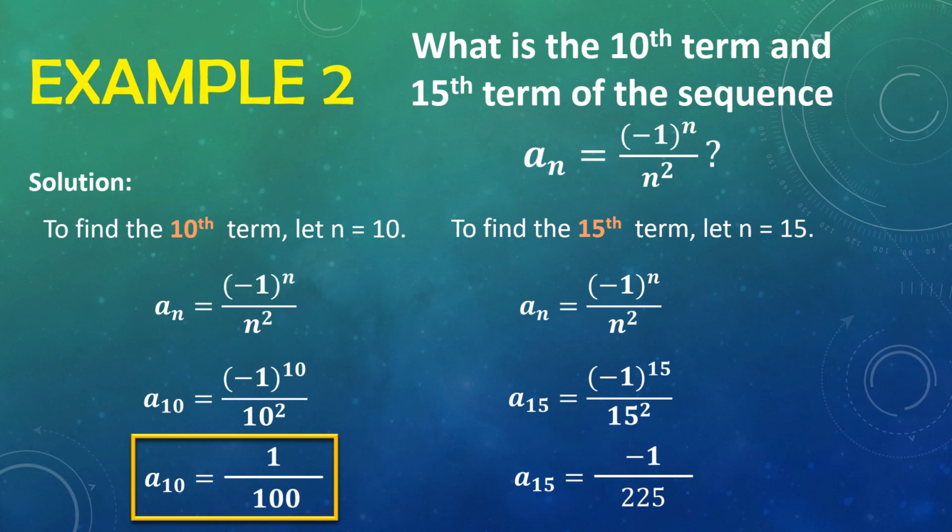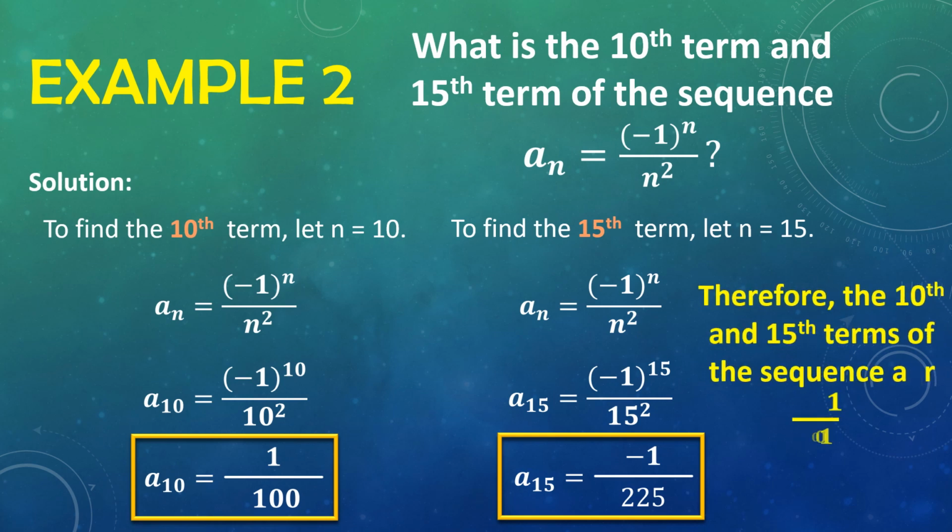Then, the value of our 15th term in the sequence is equal to negative 1 over 225. Therefore, the 10th and 15th terms of the sequence are 1 over 100 and negative 1 over 225, respectively.